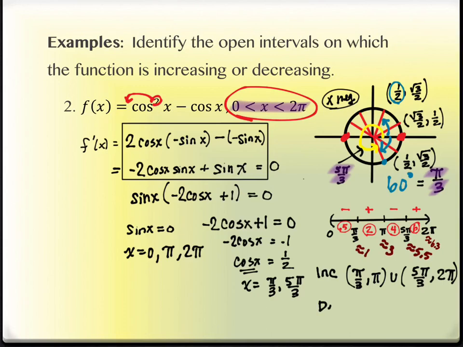And where is it decreasing? 0 to pi over 3, and pi to 5 pi over 3. Excellent. Any questions on that?